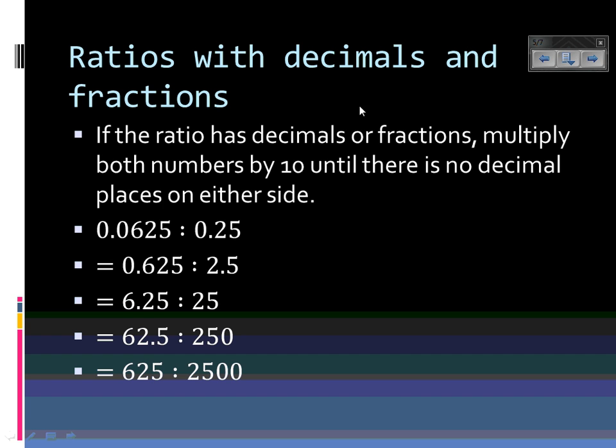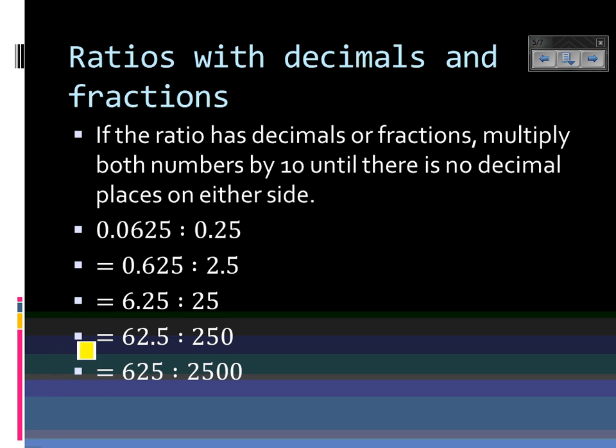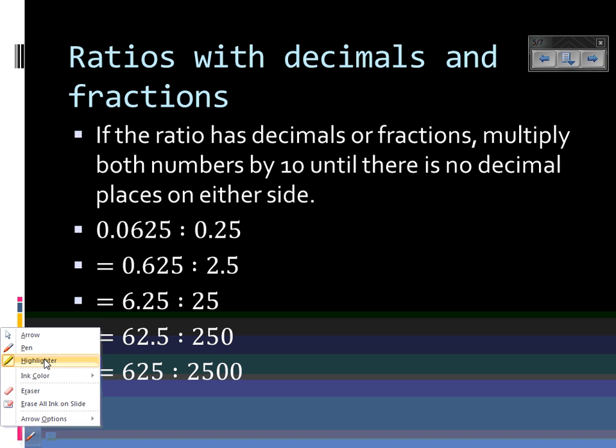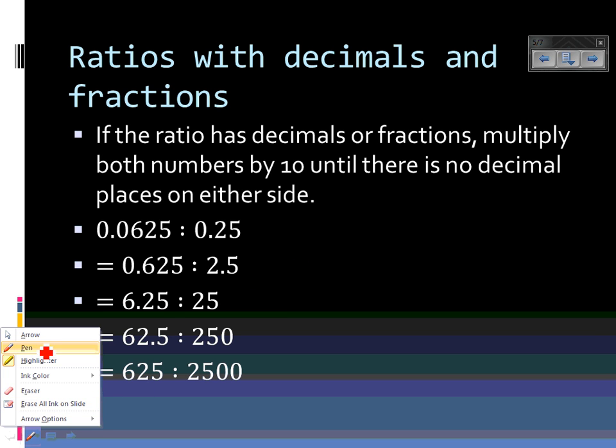Now, sometimes you're going to get them with fractions and decimals. So, to get rid of decimals, the shortcut method is just to... Okay, let's go to the pen then.